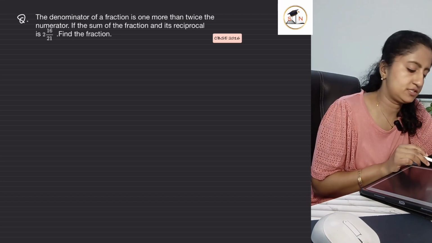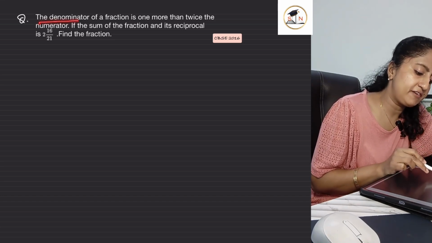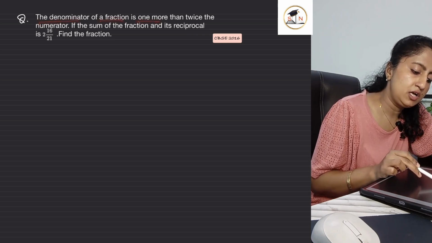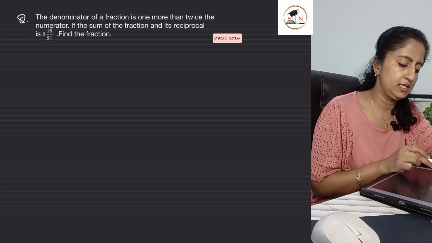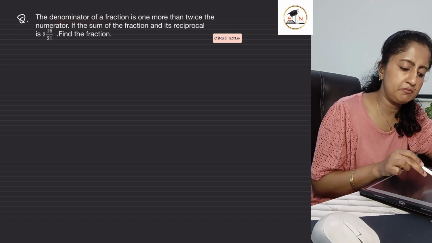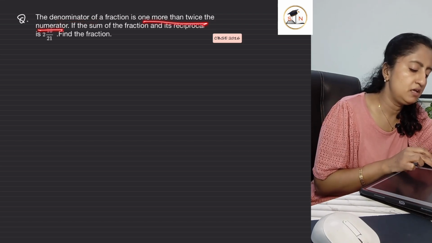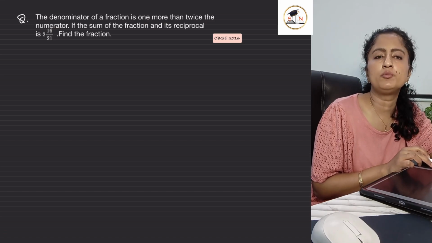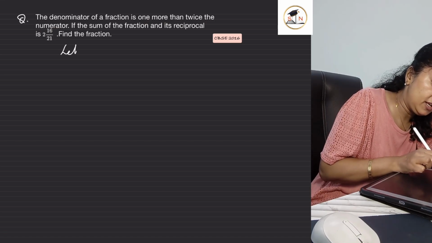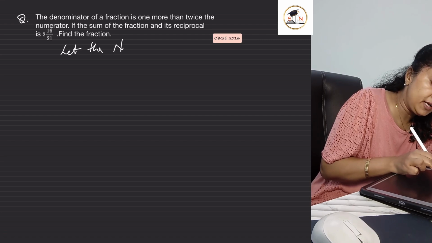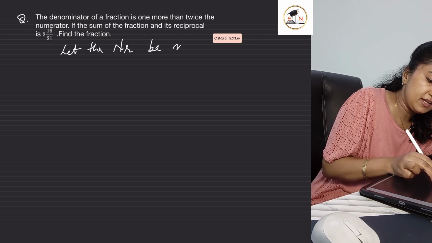Now, starting with the next question. The denominator of a fraction is 1 more than twice the numerator. Now, first of all, reading this line again, the denominator is 1 more than twice the numerator. Means we are dependent upon the numerator over here, right? So we are going to start that let the numerator be x.